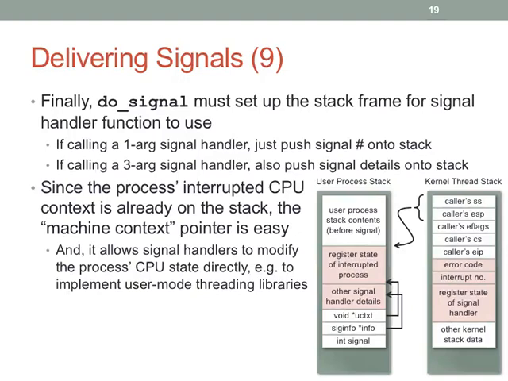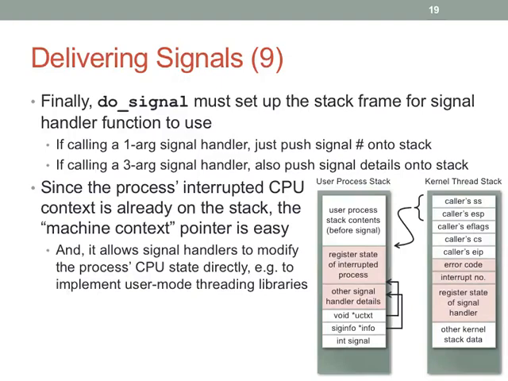And what's neat about this is, remember, we already saved the machine context of the interrupted process onto the user process stack. If we have the version of the signal handler that wants that machine context, now it's really easy because we just have a pointer to where we saved it on the stack. And since it's in user space, the user process can manipulate it.